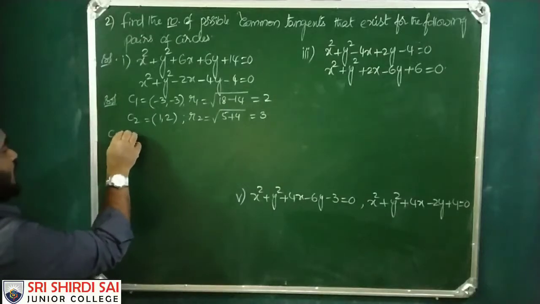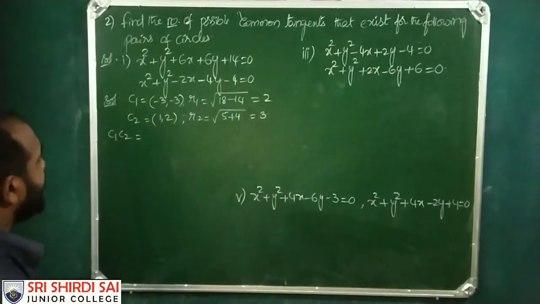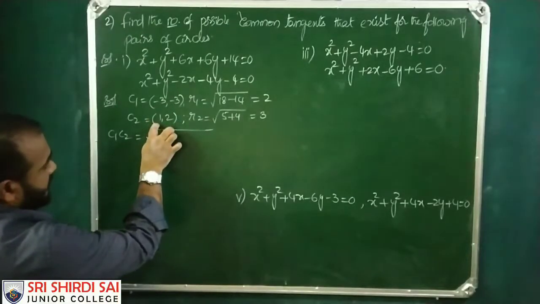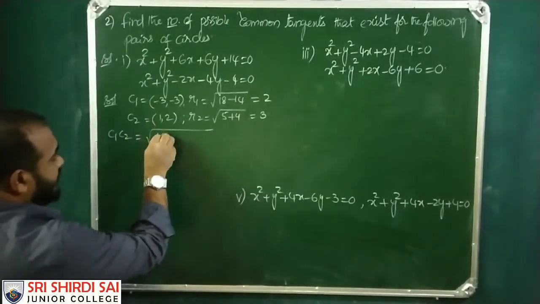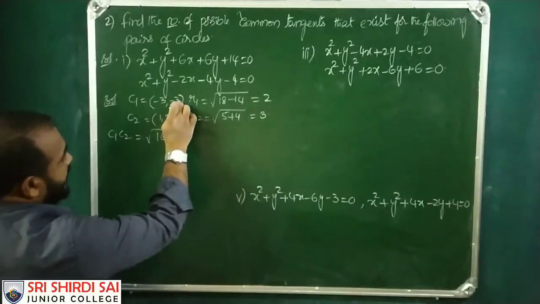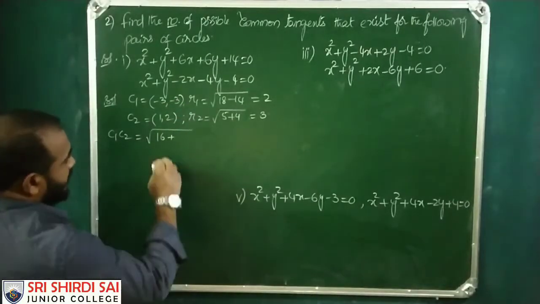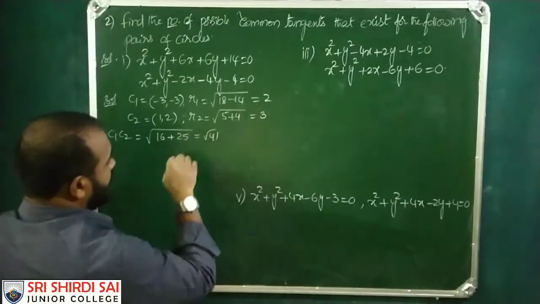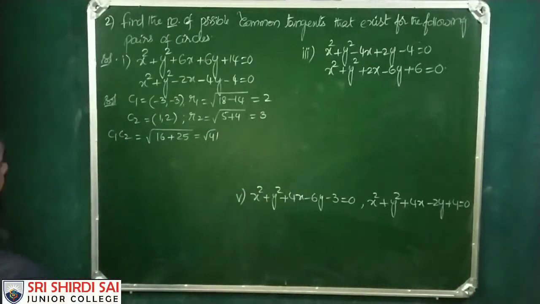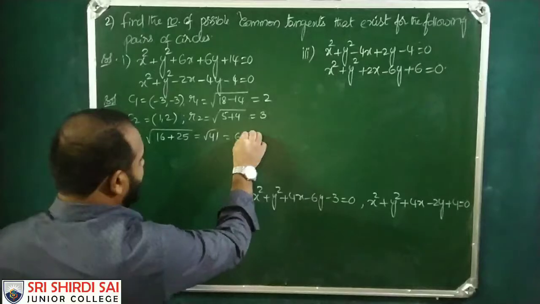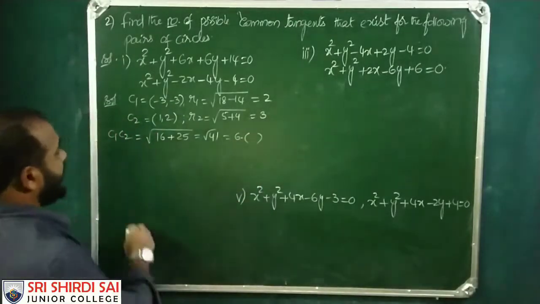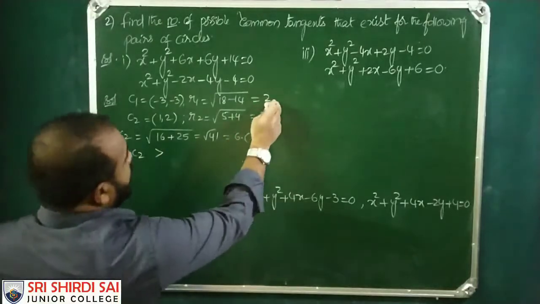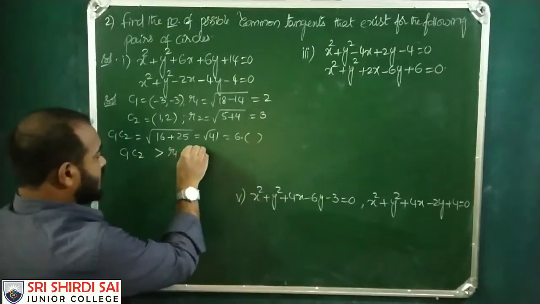Now C1C2 is equal to the square root of (-3 - 1) whole square, 16, plus (-3 - 2) whole square, 25. This is root 41. So root 41 is 6 point something. So clearly C1C2 is greater than R1 plus R2.